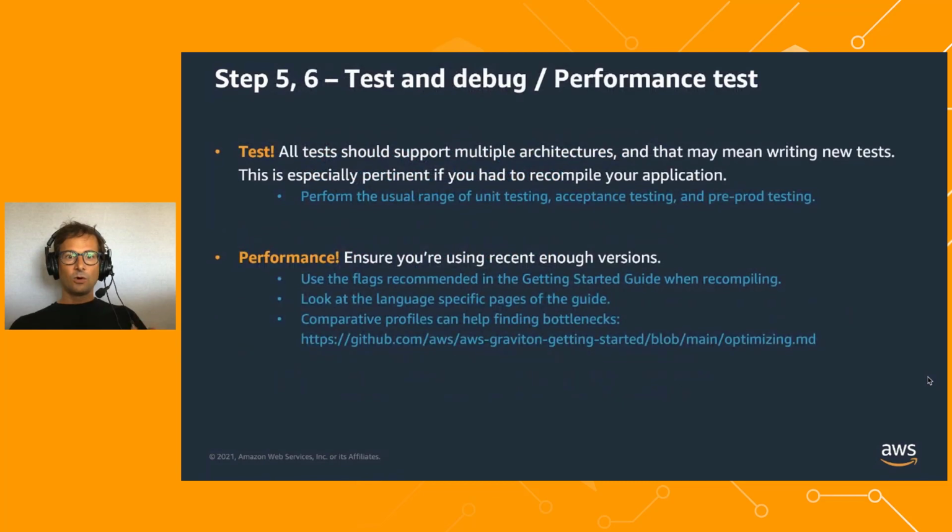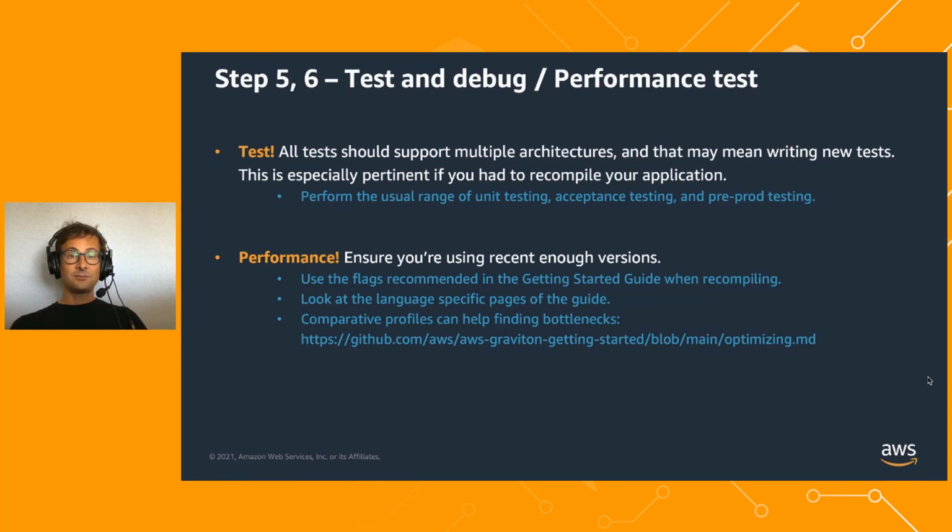Once you're done with installing your application, of course, changing architecture is a significant change, so you will need to test and debug your application, which means running all your test suites at the functional level, at the performance level, and ensuring that everything is behaving the way it used to behave on the previous architecture.